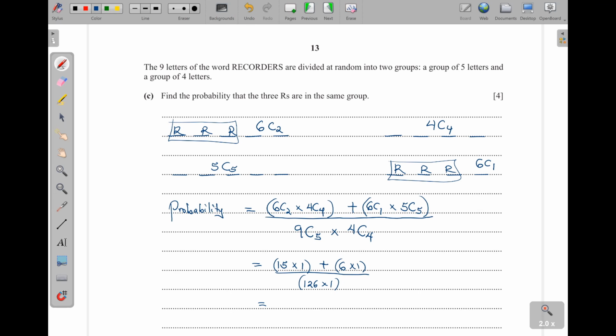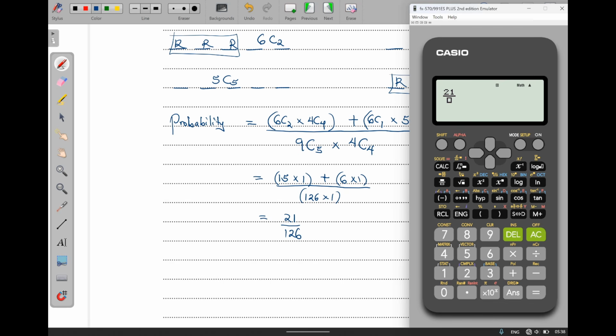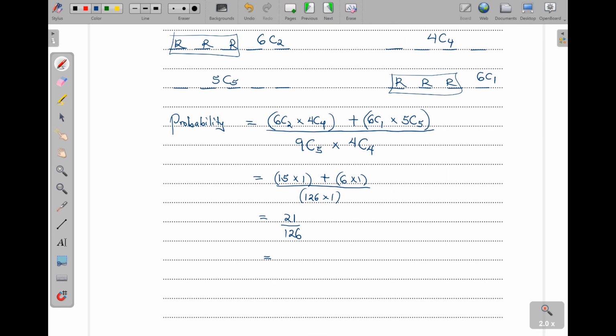So altogether, up there we have 15 plus 6, which is 21 over 126. Can it be simplified? Let's check. 21 out of 126, yes, 1 over 6. So I can write that simplified one, 1 over 6. So this has been it for part 2 of the paper.